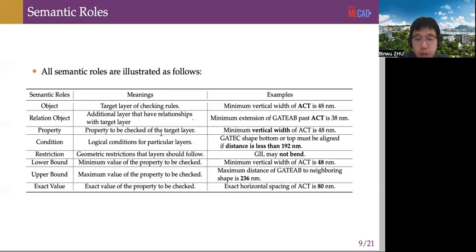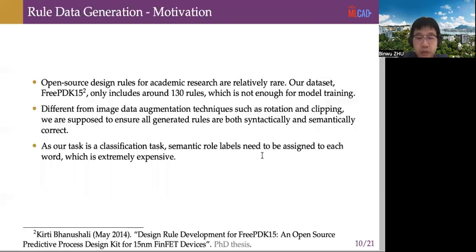Some rules describe relationships that exist between two layers. One semantic role I set is the restriction. For example, once there are some rules like this, which specify some geometry restrictions that the layer should follow.